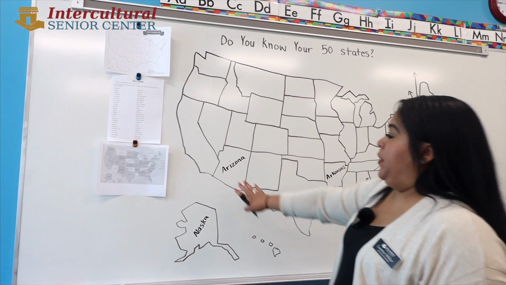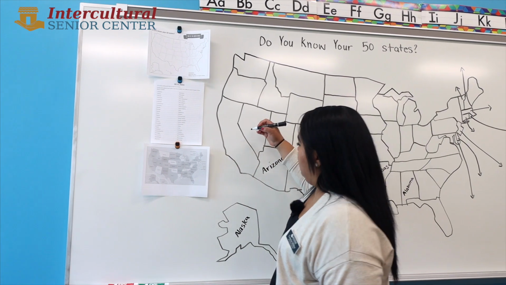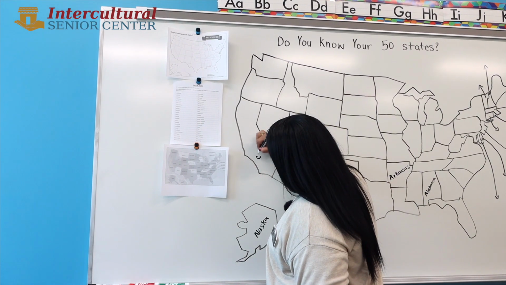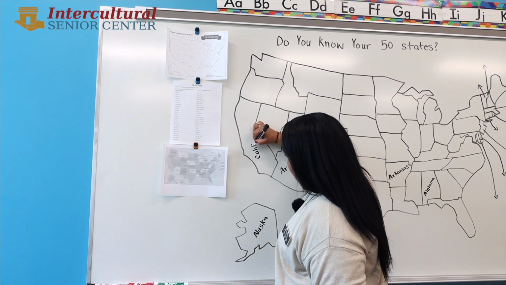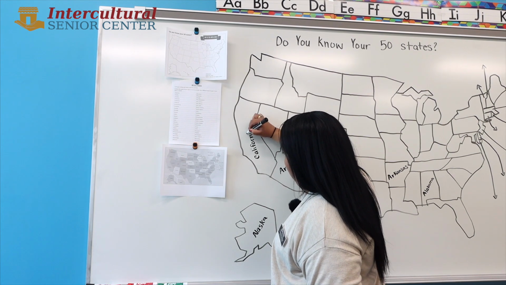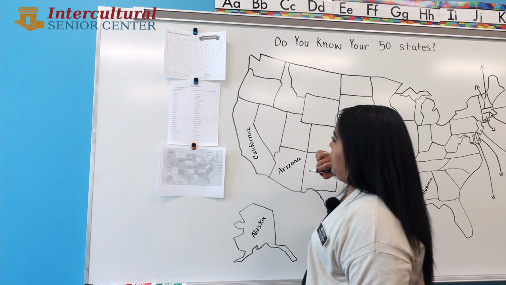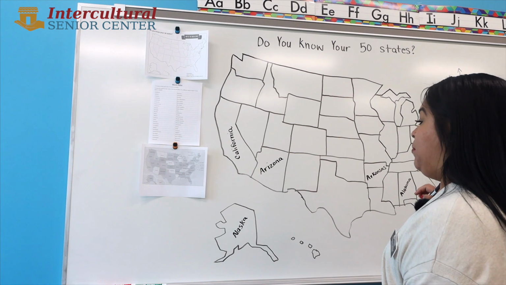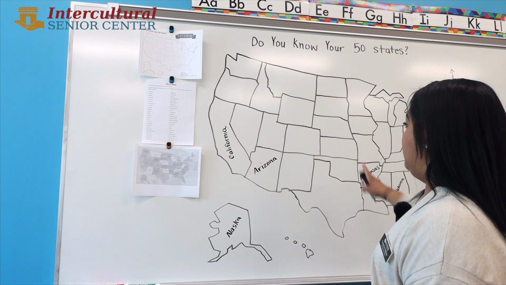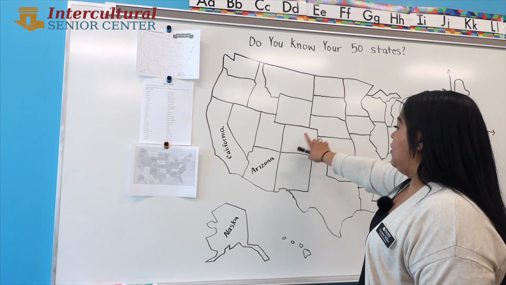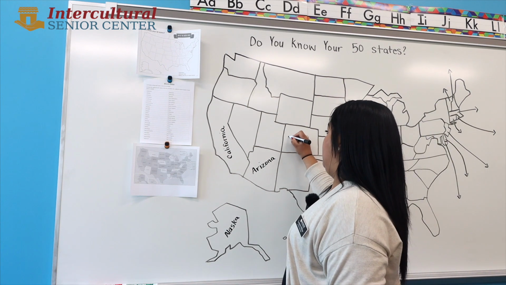California is the big state over on the west. Colorado is a neighbor state of Nebraska. This is where we are in Nebraska. Colorado is next to us.